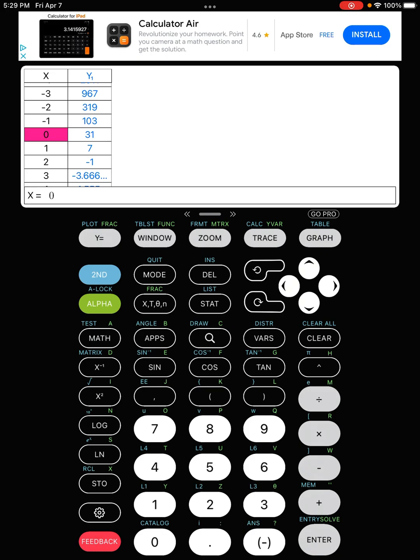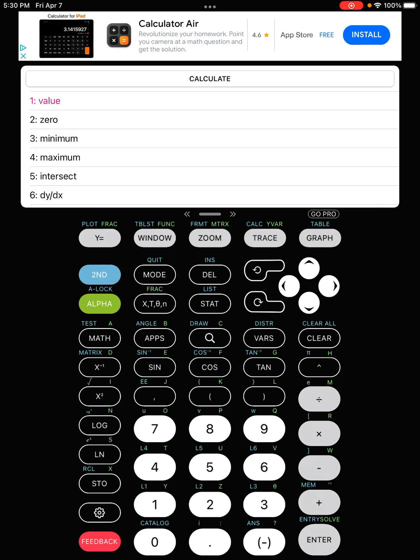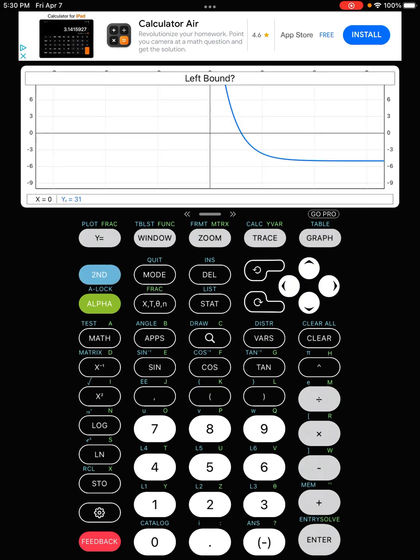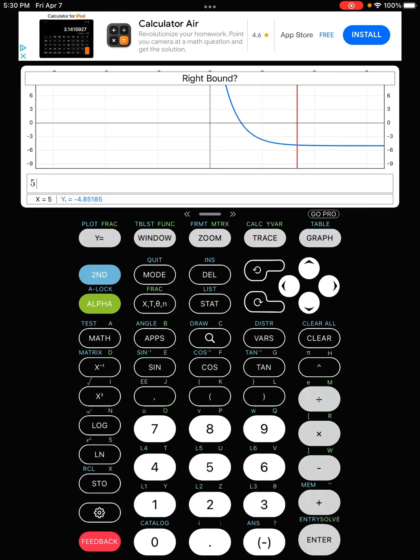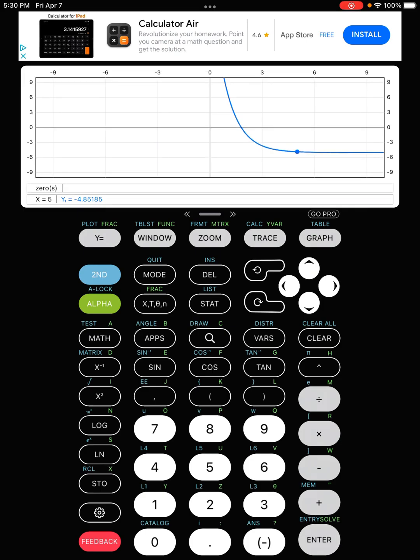And so I'm going to go back to the graph and do second calc, number 2. Looks like it's crossing between, we'll just put from 0 to 5.